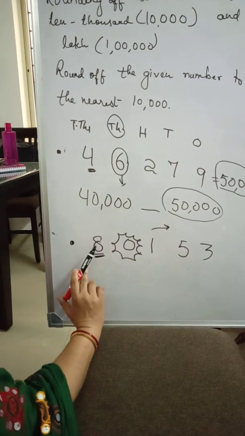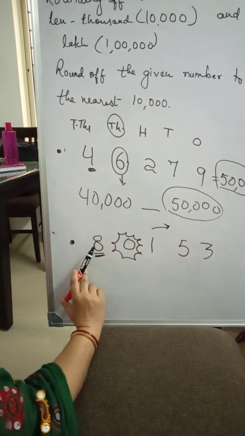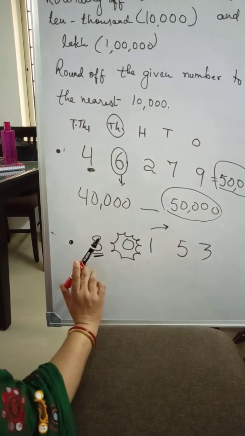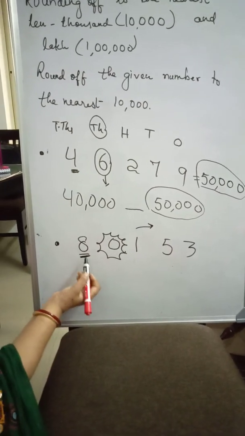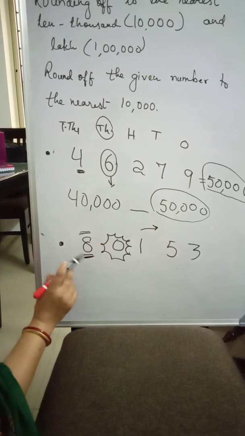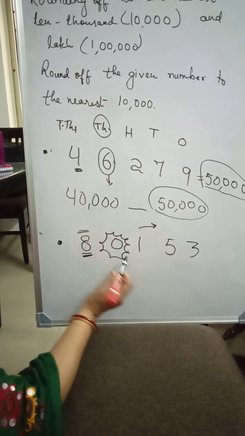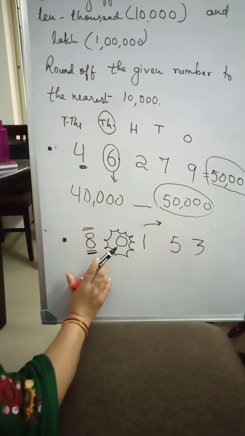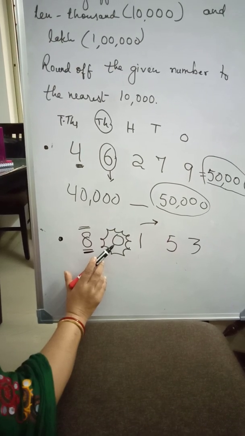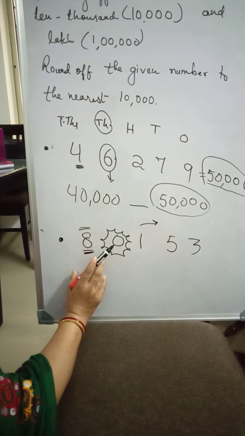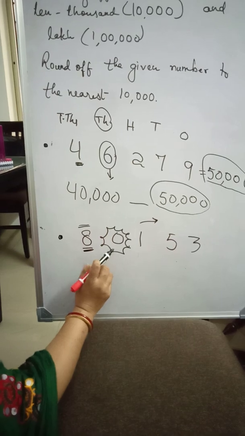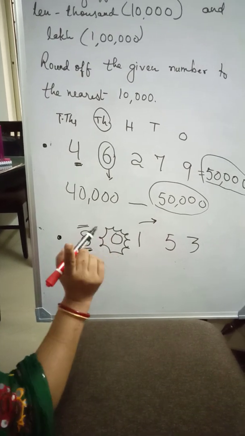we round off to the nearest multiple of 10,000. Whenever we round off the given number 80,153 to the nearest 10,000, firstly the digit at the 10,000 place is 8. Now we look at the digit at the 1,000 place. Here the digit in the 1,000 place is 0, so we round off to the nearest multiple of 10,000 which is less than 80,153. First point.